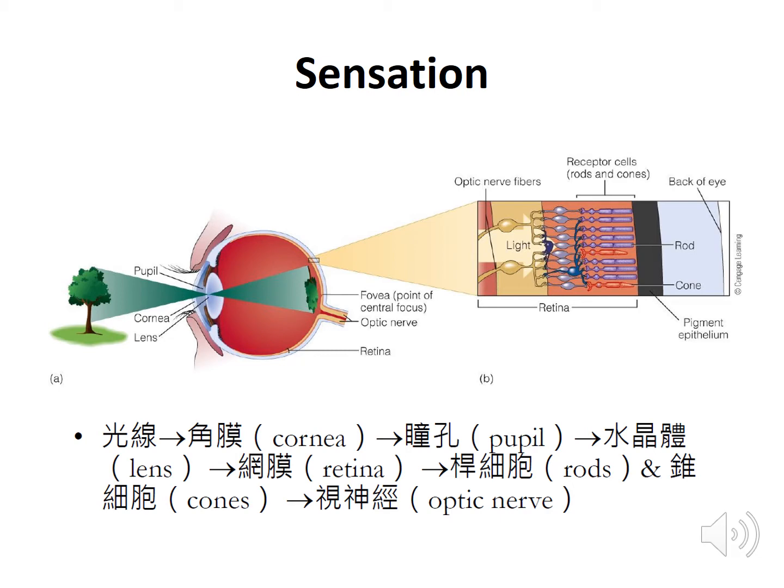From there it is reflected, and then it is captured by receptor cells, which are referred to as rods and cones. So it has to travel all the way through the retina first, being reflected in the epithelium, and then captured by the rods and cones. From there, the light particles are transduced into electric potentials.